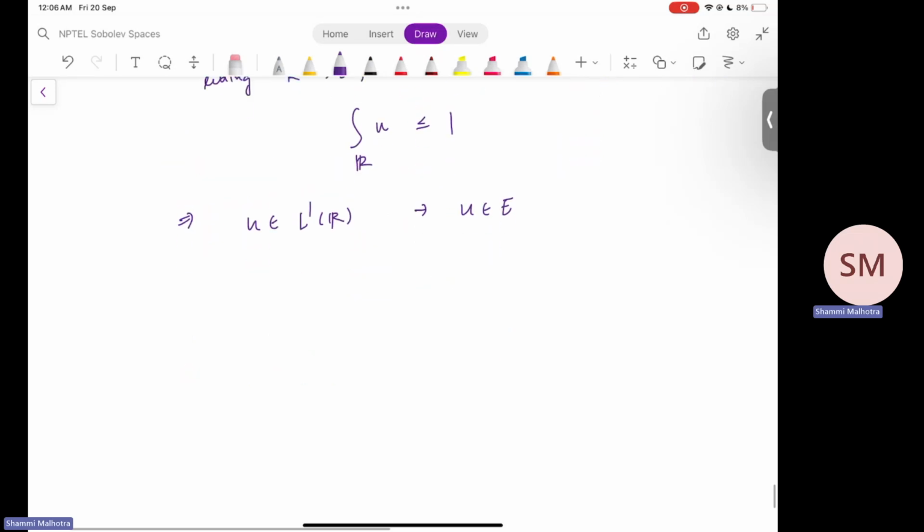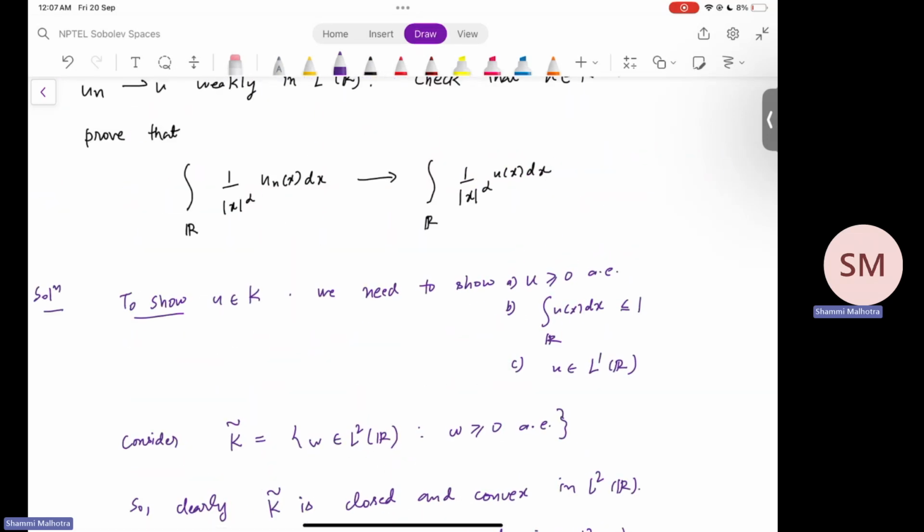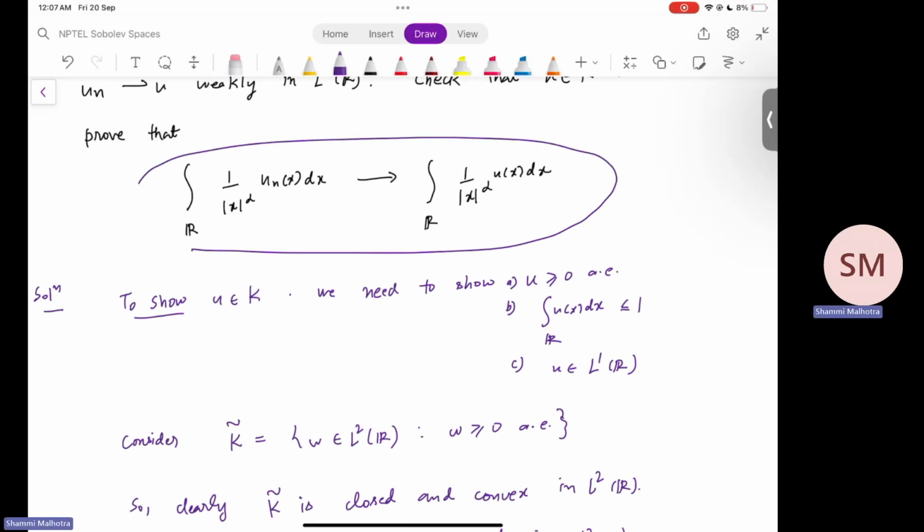And that is where this eventually implies that u actually lies in K only. And next, what we want to prove now is that this integration converges to this. So this converges to this thing.